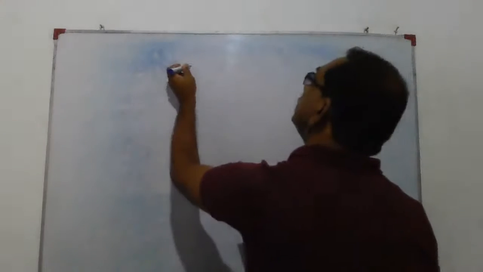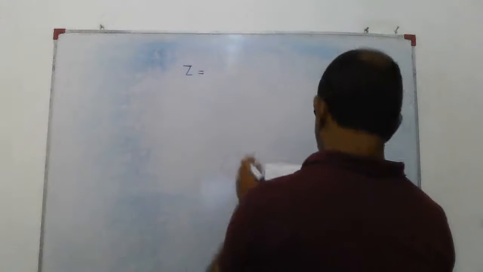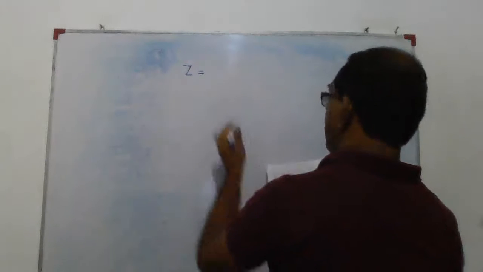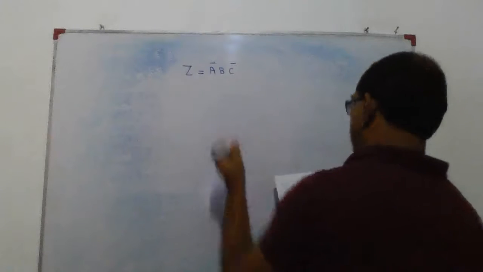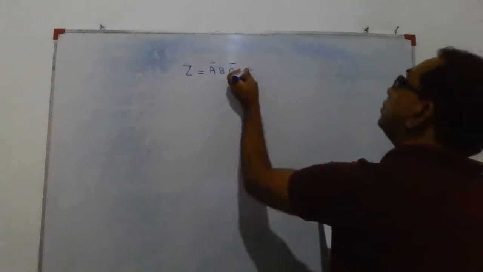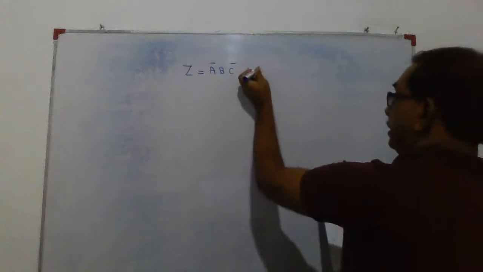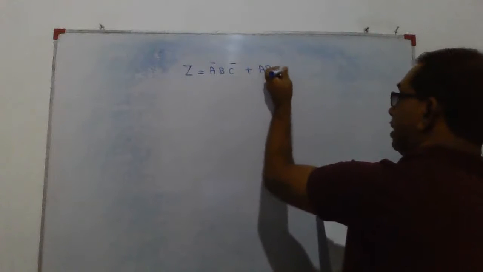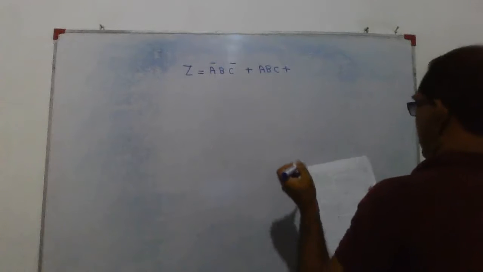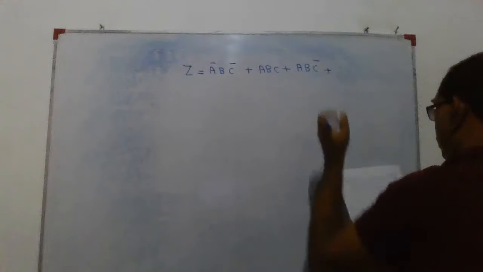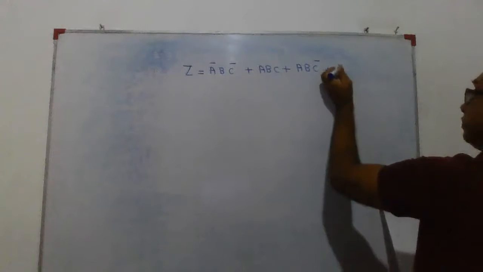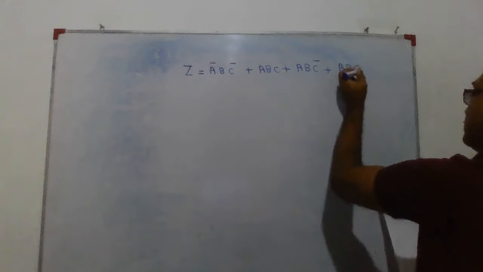This expression says Z equals A bar and B and C bar, OR A and B and C, OR A and B and C bar, OR A and B and C.